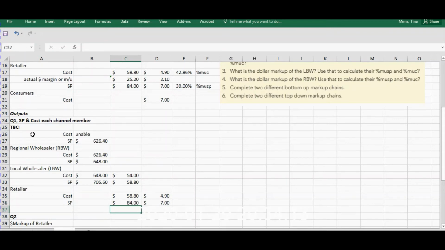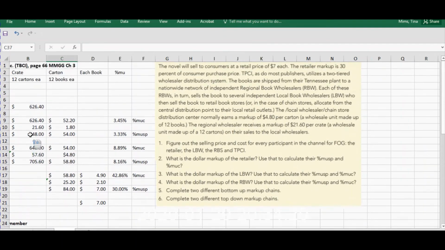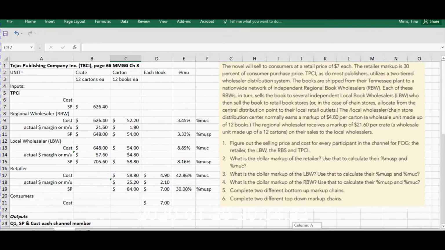But this is sort of how we should start practicing putting in Excel an input section and an output section. Let me move my tab back over. Sort of an input section and an output section. Okay, so I want to pause for a moment and let you sort of absorb this material. You can always pause it on anything where any formulas exist.